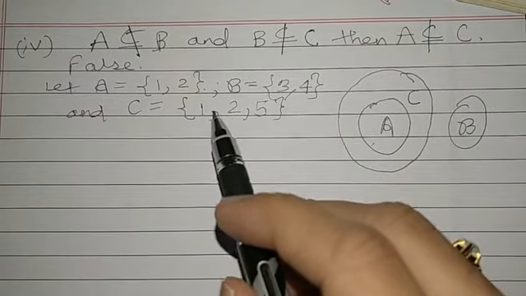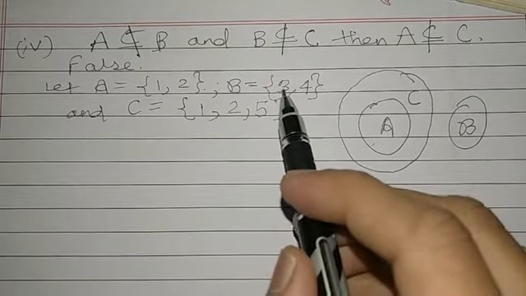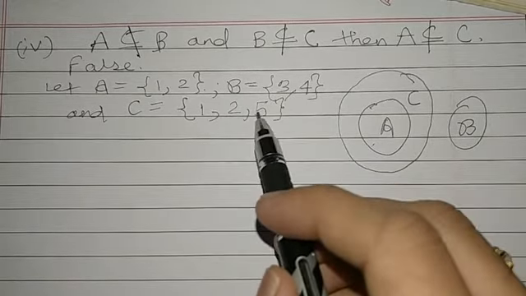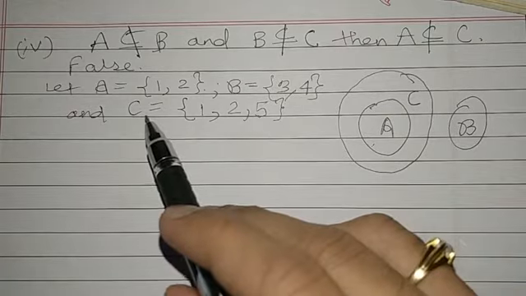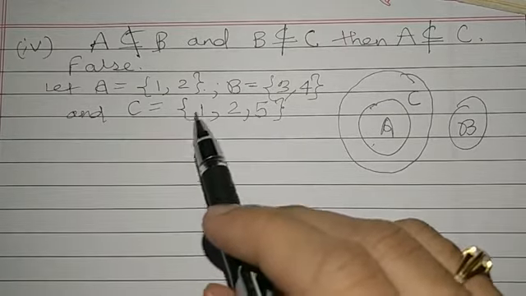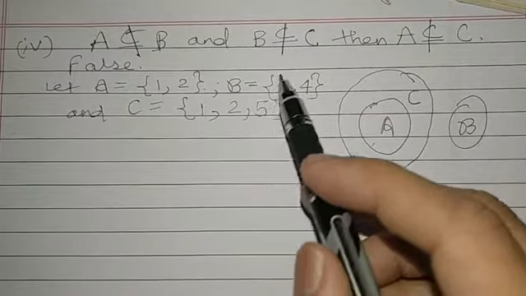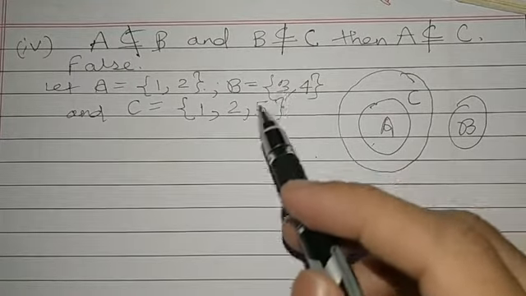B should not be a subset of C, and that is true here. 3 and 4 are not in C, so B is not a subset of C. Also they are totally disjoint, there is no common element between them.